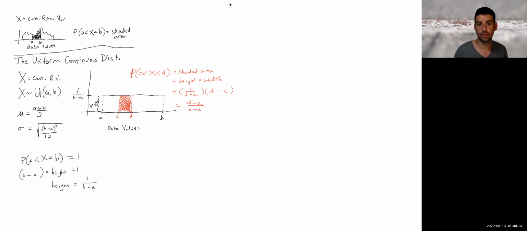So in our picture, if this is 5, we're looking for the area of this rectangle, which is easy enough to figure out. The width is 2, the height is 1/7, and we get the probability of 2/7, which, as expected, matches with what we got up there. Both of these ways of doing this are reasonable, and so they should come up with the same response.